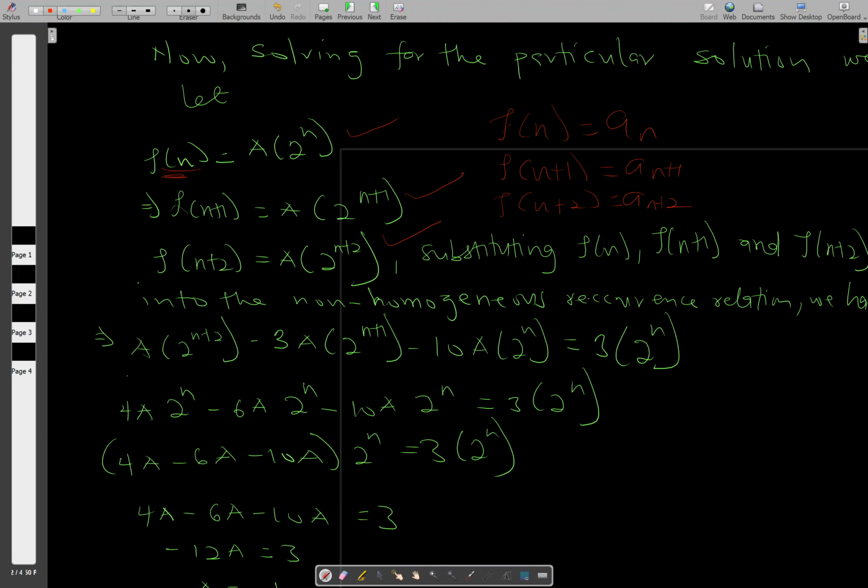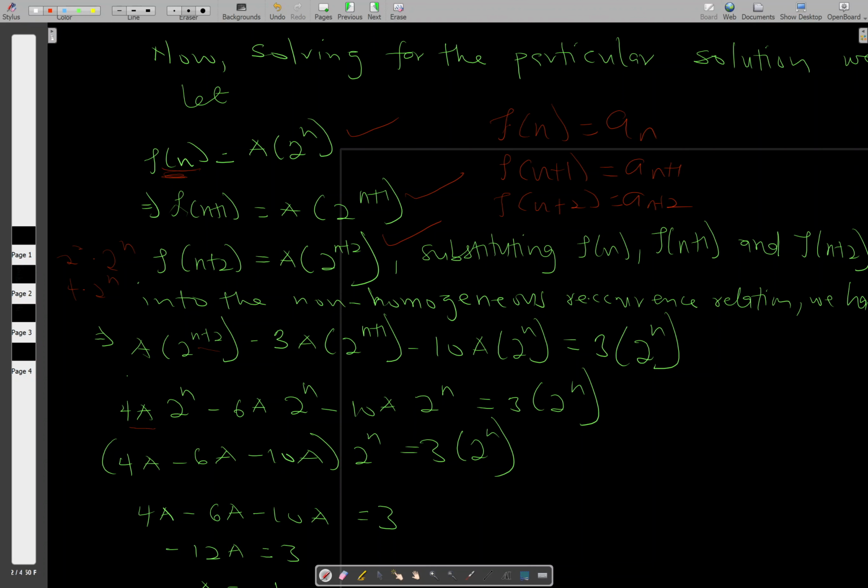When we factorize 2 exponent n out, this is how we do it. 2 exponent n plus 2 is just like 2 squared times 2 to the power n, and 2 squared is 4, so you get 4 times 2 to the power n. So 4 times a is 4a times 2 to the power n.